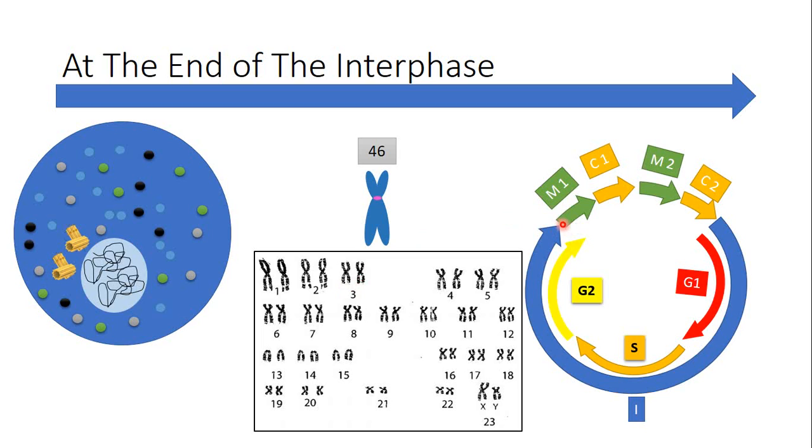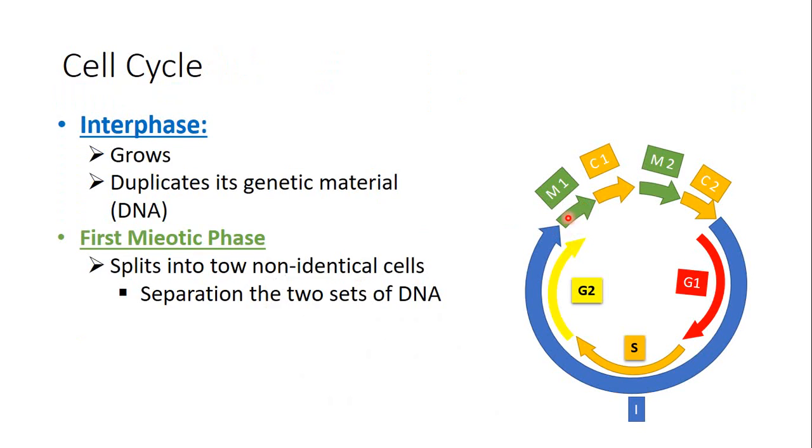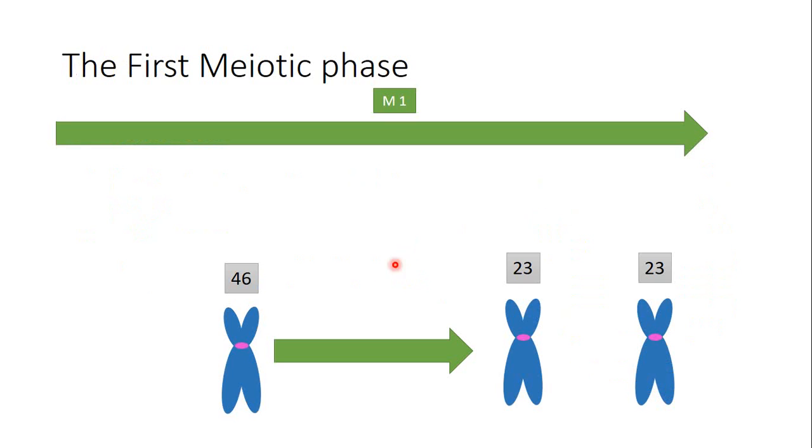Now we will start with the first meiotic phase. In the first meiotic phase, the cell will be divided into 2 cells. But what you have to know is that in the meiotic phase, the 46 chromosomes will be separated into 2 sets of 23 chromosomes.